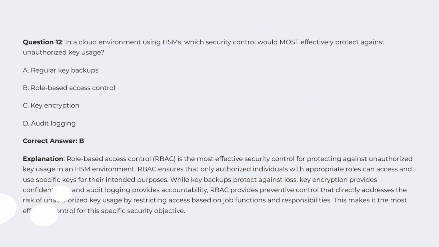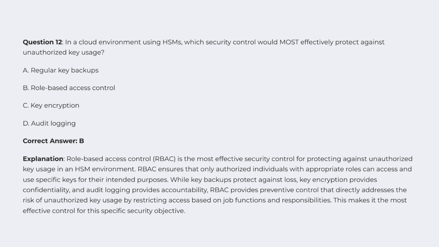Correct answer, B. Explanation. Role-based access control, RBAC, is the most effective security control for protecting against unauthorized key usage in an HSM environment. RBAC ensures that only authorized individuals with appropriate roles can access and use specific keys for their intended purposes.